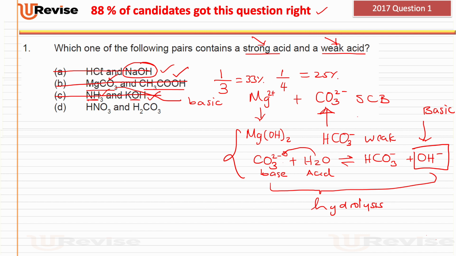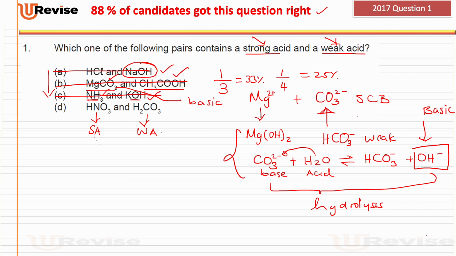So therefore, we've eliminated this. We've eliminated all these three answers comfortably. We are left with D. D has got nitric acid. Nitric acid is a strong acid, and carbonic acid is actually a weak acid. This makes this answer correct.